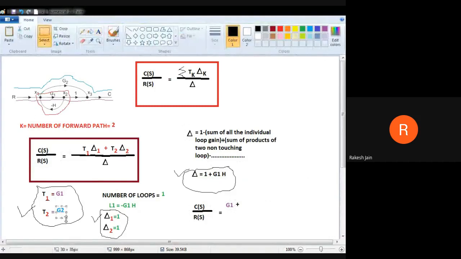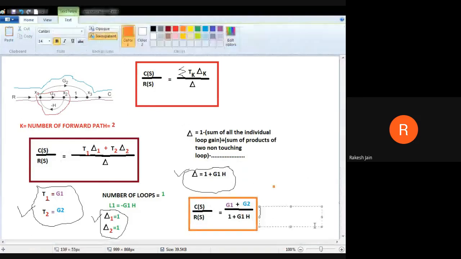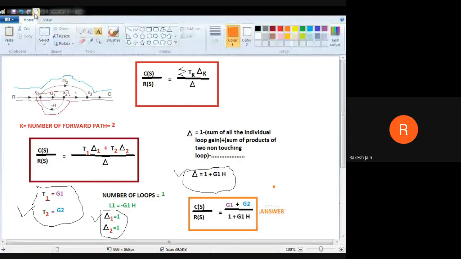T2 is G2, and del 2 is 1, divided by del, and del is what? 1 plus G1H. Okay, so this is completed once again, and this numerical is ended.